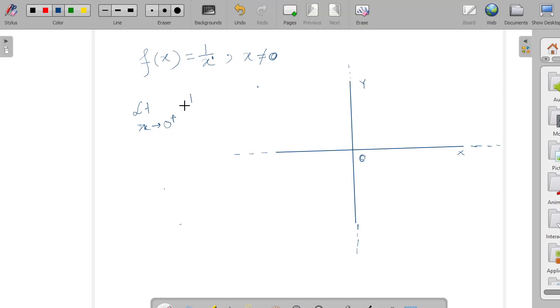and 1 over x. Now as our x increases without bound, our function is approaching towards 0.